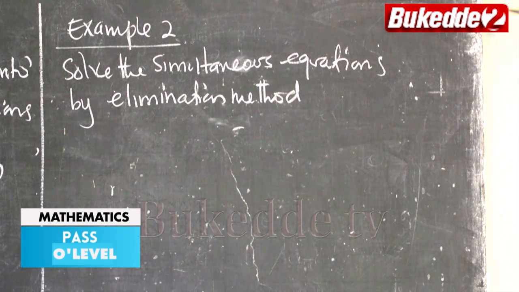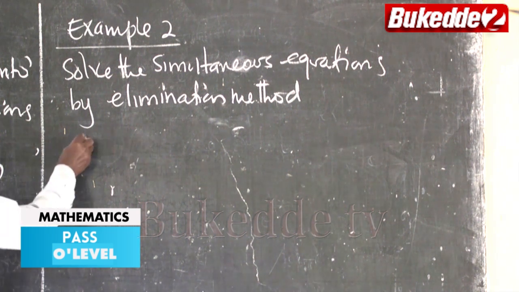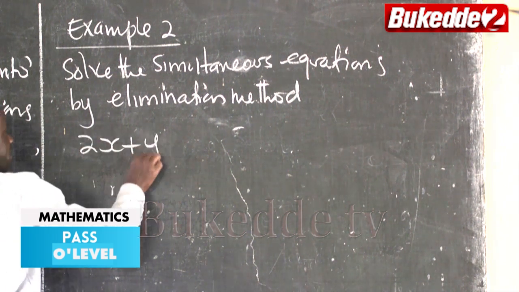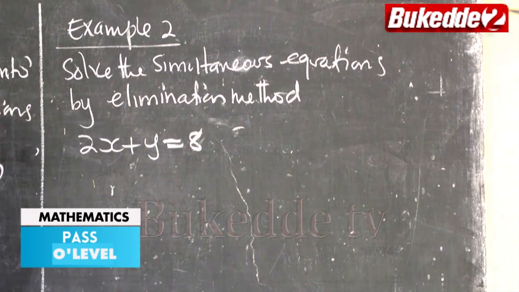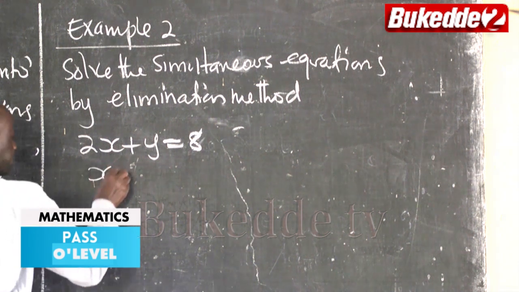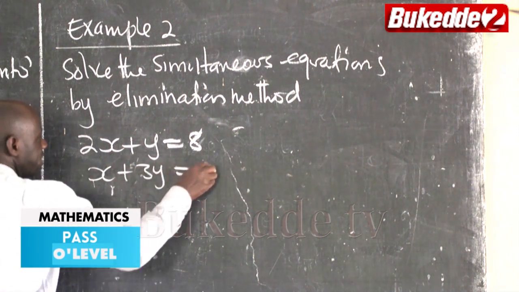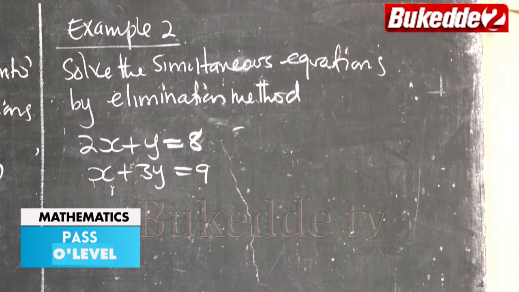These are 2x plus y is equal to 8, and its sister equation is x plus 3y is equal to 9. That is our example, which we have to solve to get the value of y and the value of x.